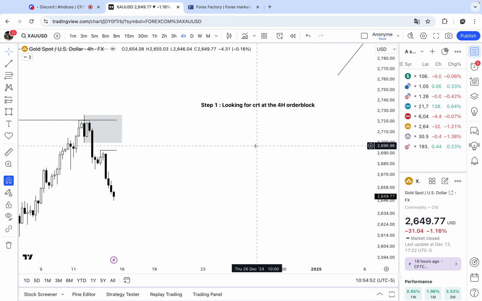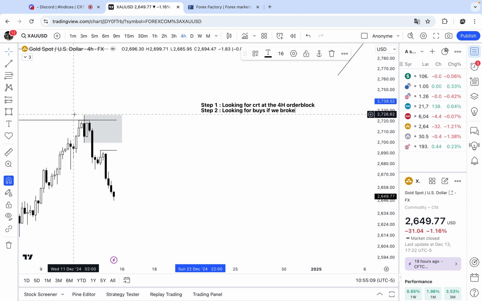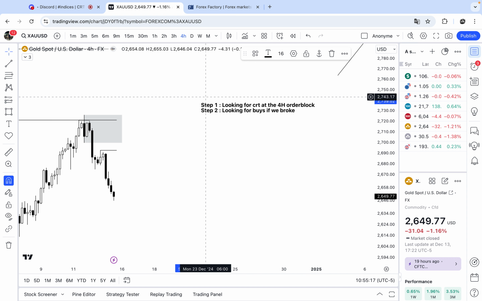All right. Step 2, looking for buys if we broke this high, which is at 2007.25.